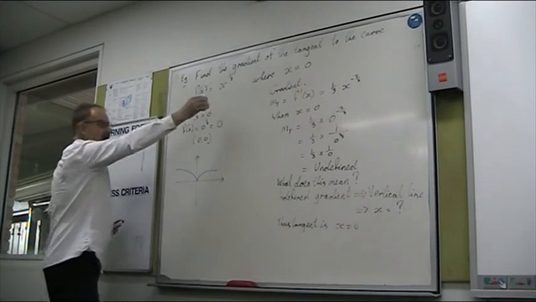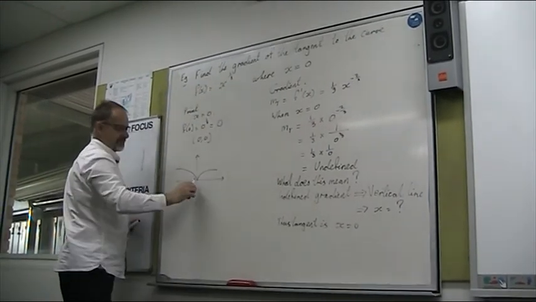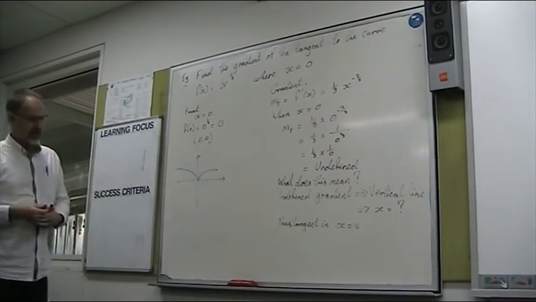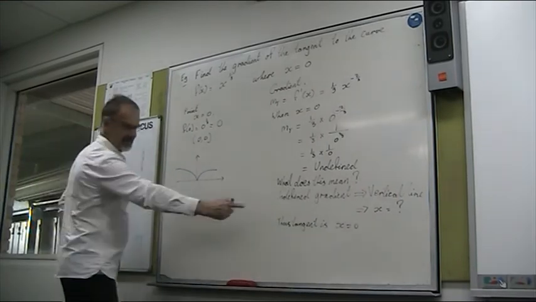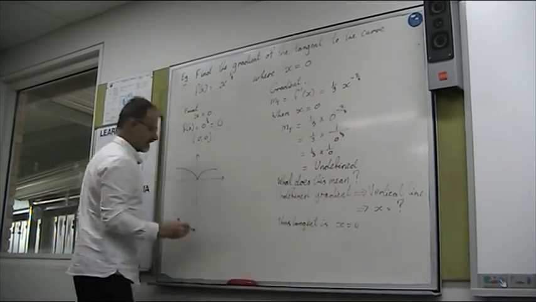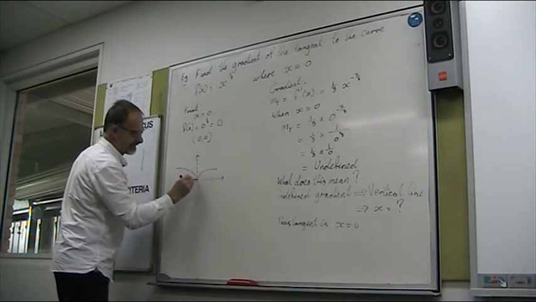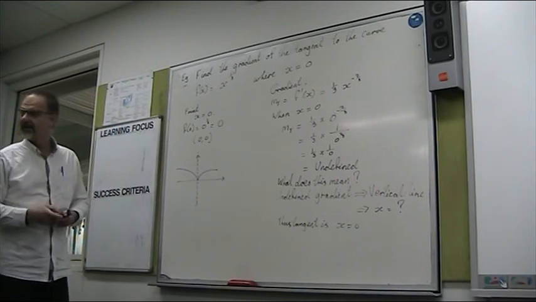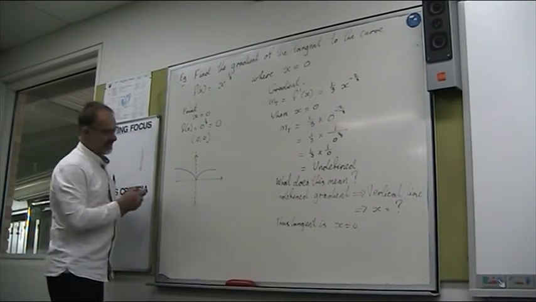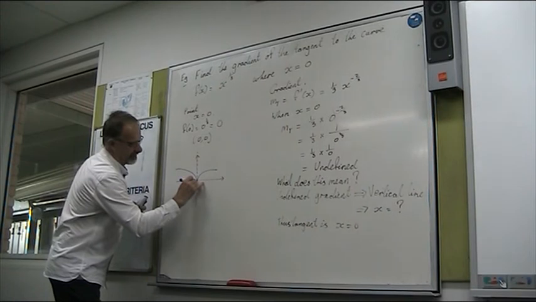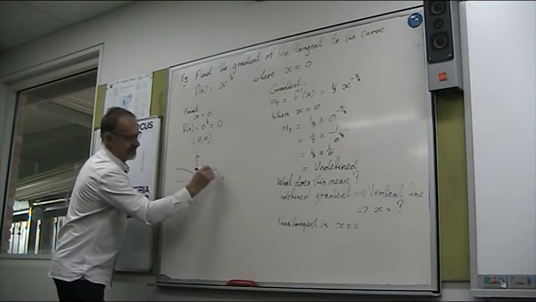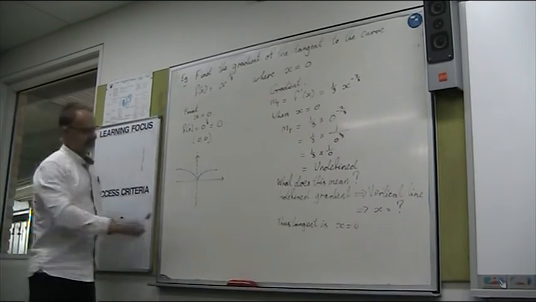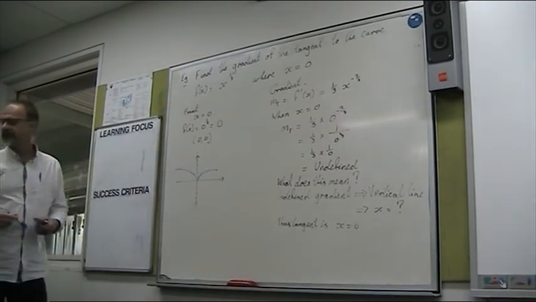It's supposed to be even, yes. I'm not a very good artist. And we've said here undefined, so the tangent is that, and that kind of makes sense, doesn't it? Now when you look at the graph, that would be kind of vertical and it curves around. So the tangent is that one there.